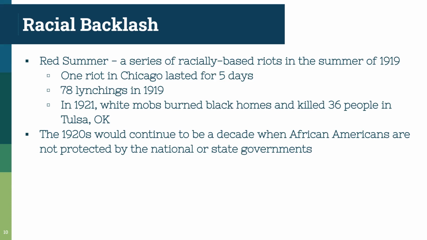A conflict led to white mobs coming into the neighborhoods, killing at least 30 people. Some estimates think it could be as high as a couple hundred. People were killed, homes were destroyed, businesses burned down to the ground. And that's called the Tulsa Massacre.